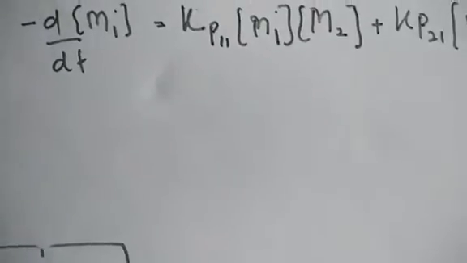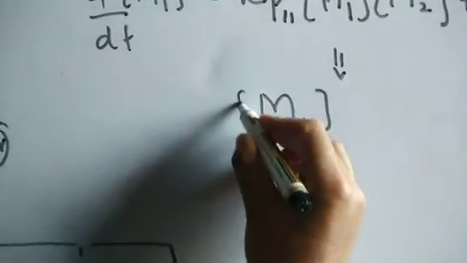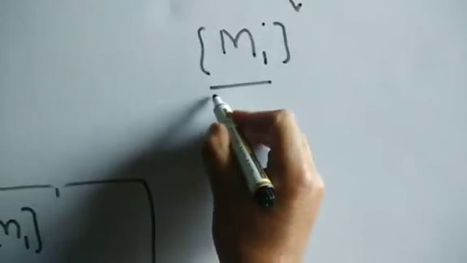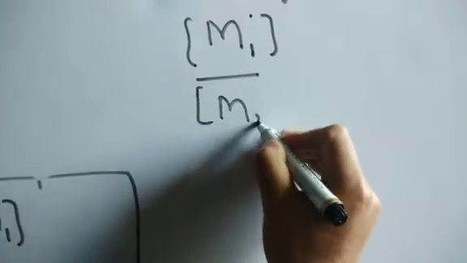Now from this I'm going to calculate M1 by M2. I'll try to calculate this ratio so that we can later fit this in this relationship. You can work this out yourself by dividing, because this is equal to 0.